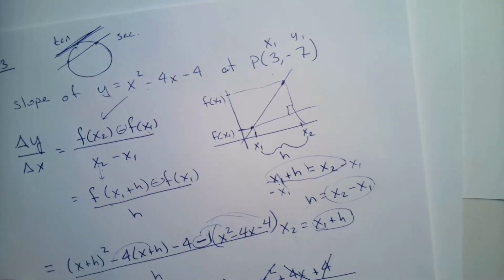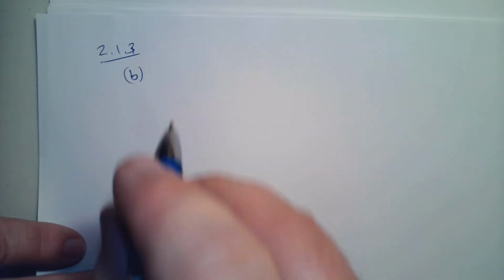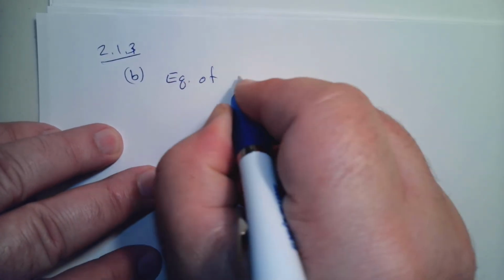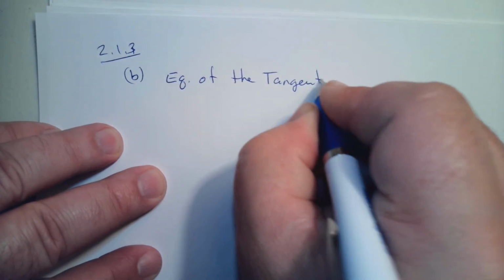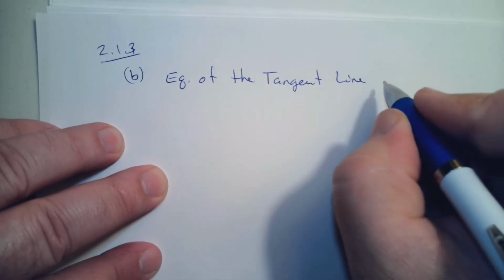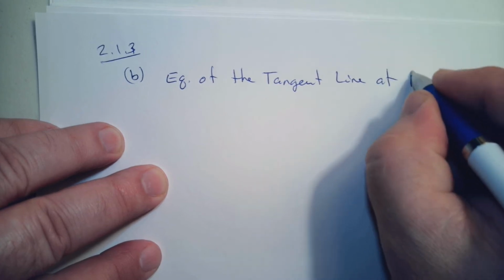Now the next one says find the equation of the tangent line at that point. So that's question number 3, B. The equation of the tangent line, or line tangent to the curve.